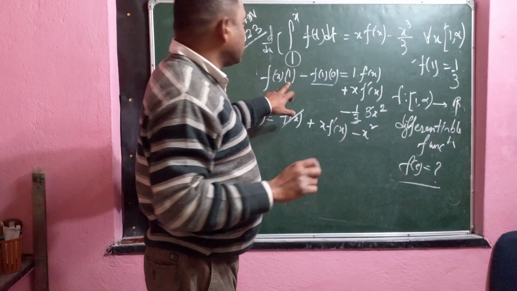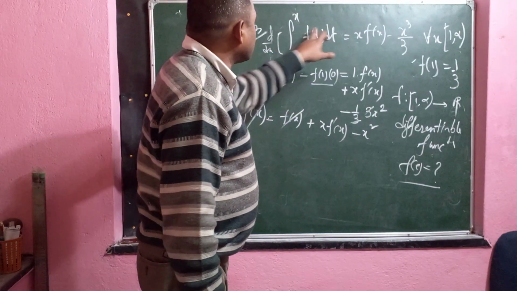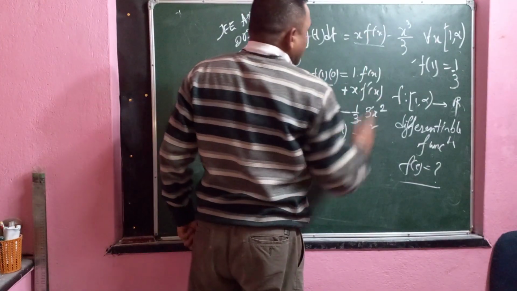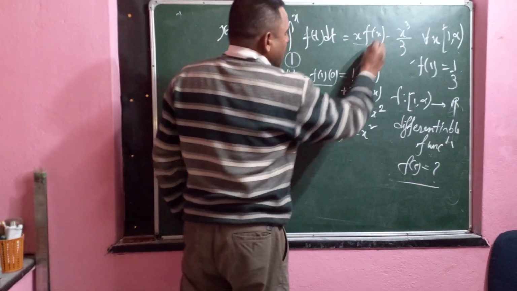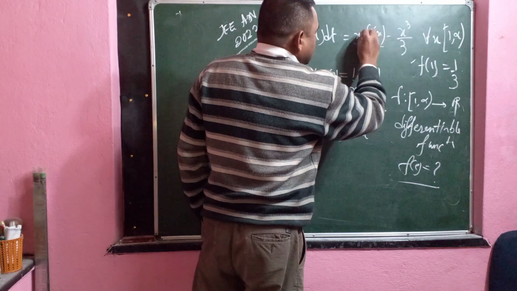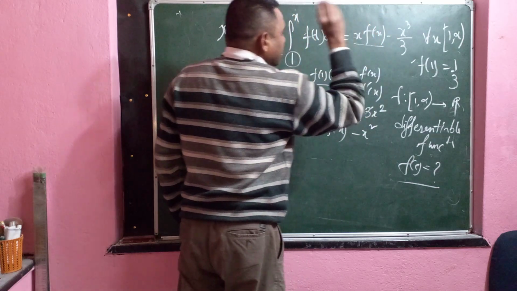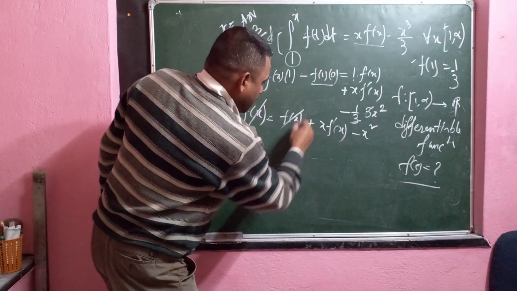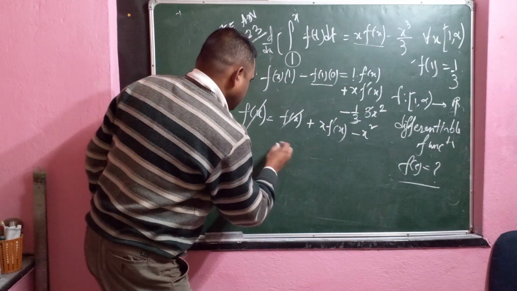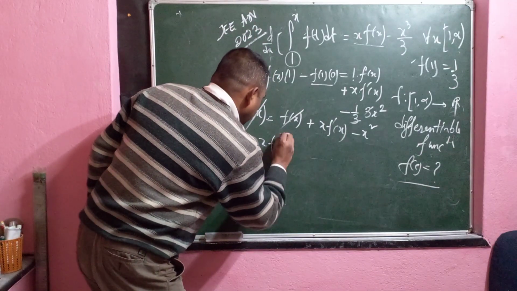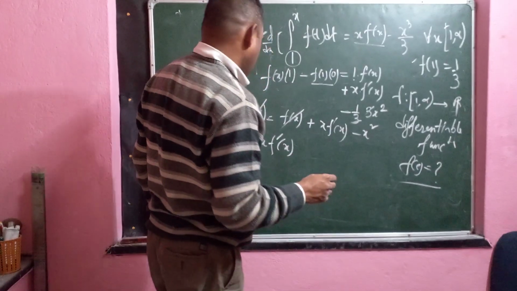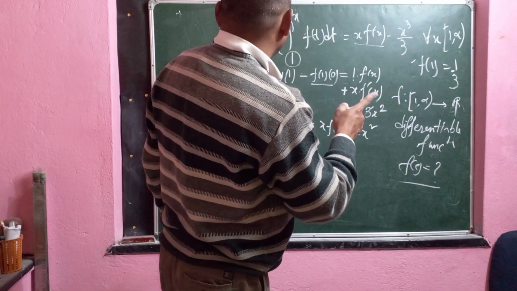Suppose it is x square, then you have to substitute x square and then substitute the value here also for the lower limit, and simple d/dx of x differentiation is 1, f(x) differentiation, this constant, this differentiation. Okay, now what will happen there? So x f dash x.